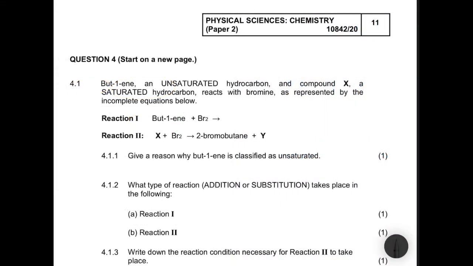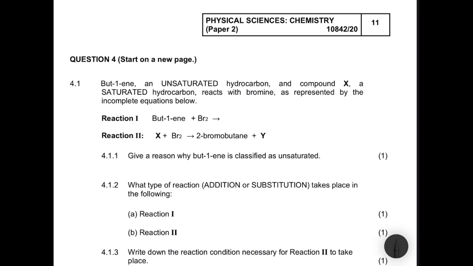But-1-yne, an unsaturated hydrocarbon, and compound X, a saturated hydrocarbon, react with bromine as represented by the incomplete equations below. 4.1.1 give a reason why but-1-yne is classified unsaturated. It is classified unsaturated because it has multiple bonds, right?